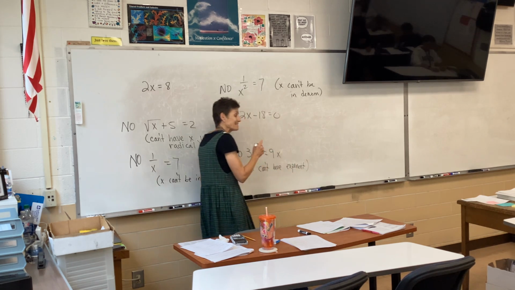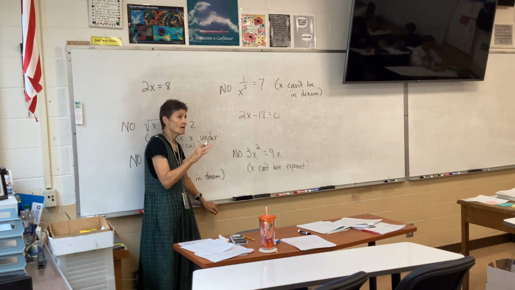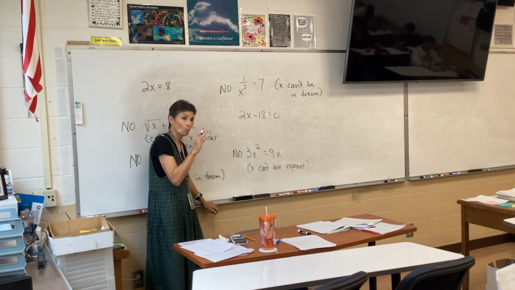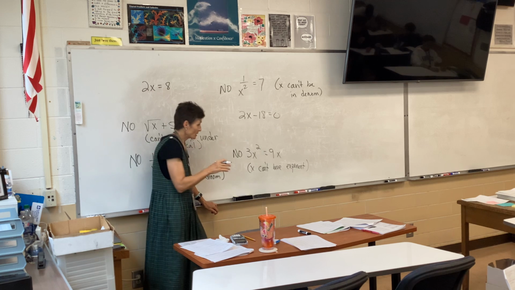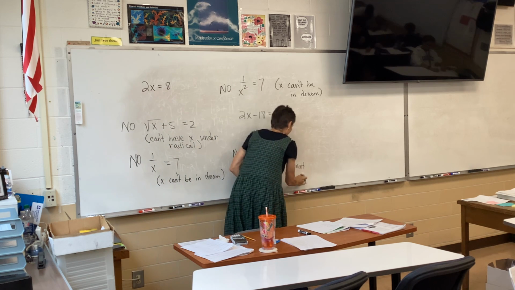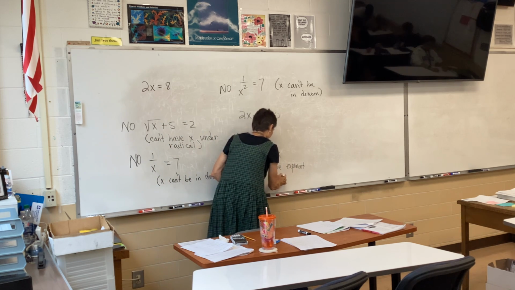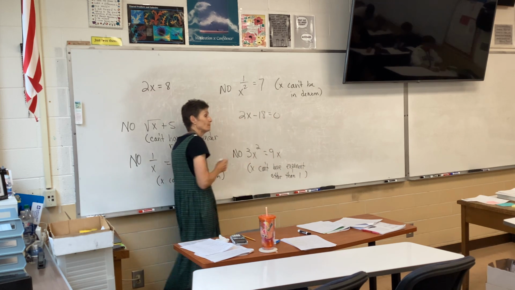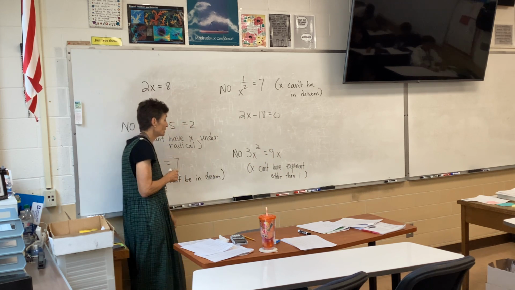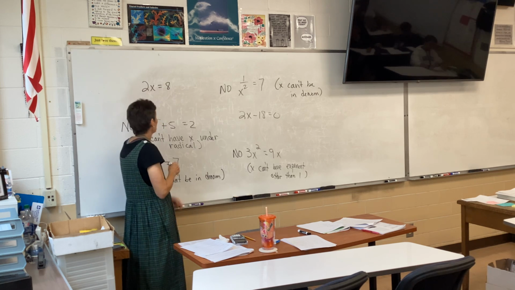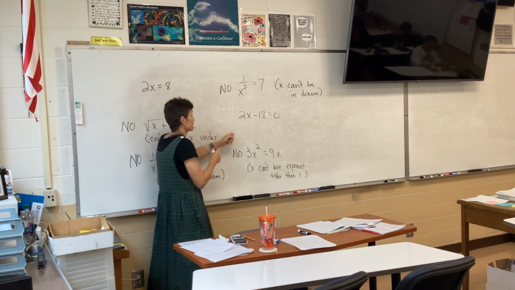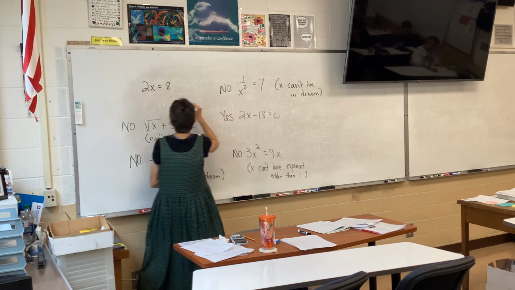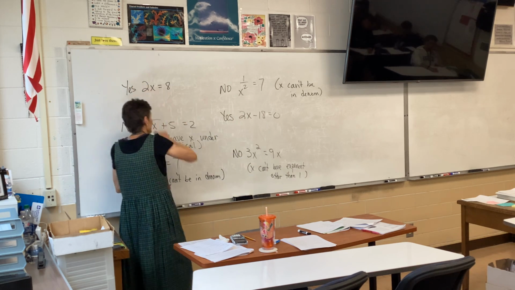Now, when I say it can't have an exponent, obviously it can have a 1 as an exponent. So I'll say it can't have an exponent other than 1. x to the first. These are yeses. These do not violate any rules.